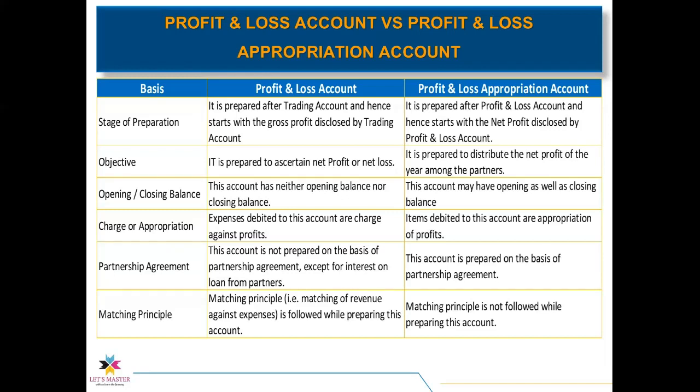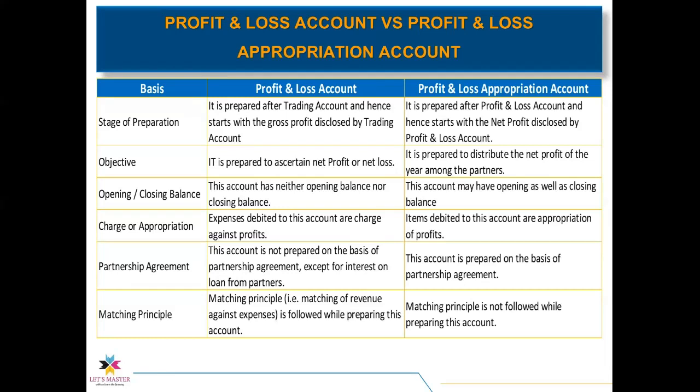That means all the expenses that we record on the debit side of the profit and loss account will reduce the amount of profit. Items debited to the profit and loss appropriation account are appropriations of profit. If we have profit, we will give a share in profit to the partners. If we don't have a profit, we will not give a share of profit to the partners, and we will not transfer anything to the reserve.